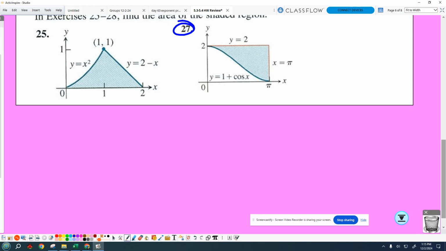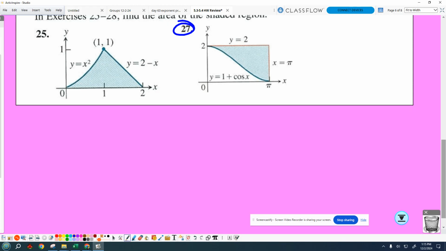Pi minus pi. What is it? You have a funny look. I'm just thinking about it. What was your reason? The area is 2 pi, it's like half.